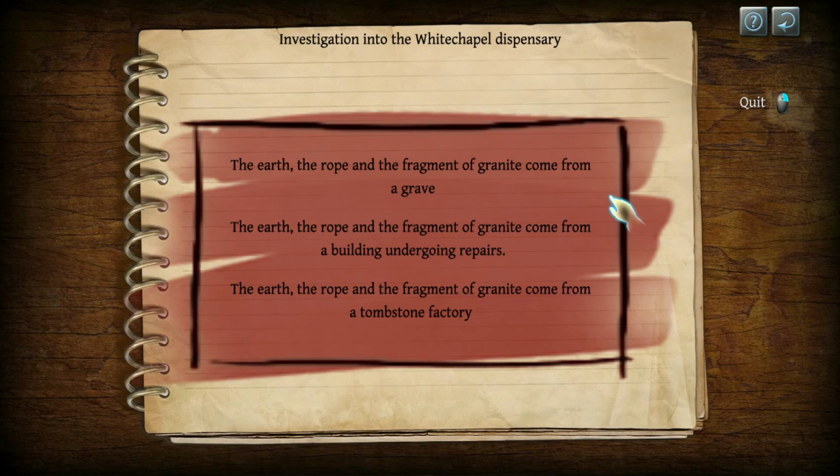No, I don't think so. But grave would be a probable thing, because you have to dig, hence you cut a pit. Although building undergoing repairs is also an interesting idea, but I'll go with the grave first.